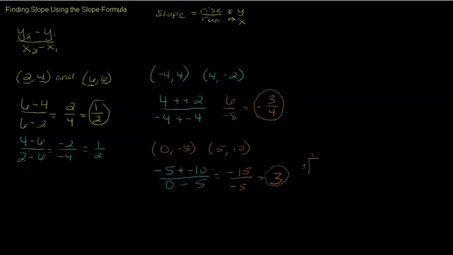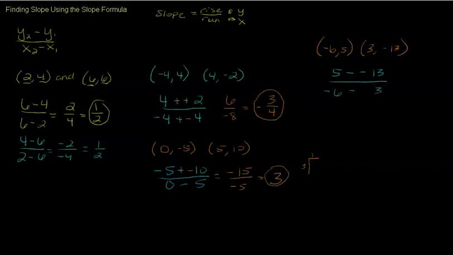Let me give you one more. (-6, 5) and (3, -13). Again, pause it. So 5 minus a negative 13 over negative 6 minus 3.